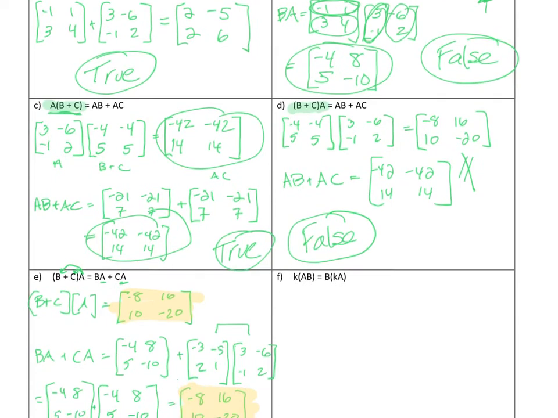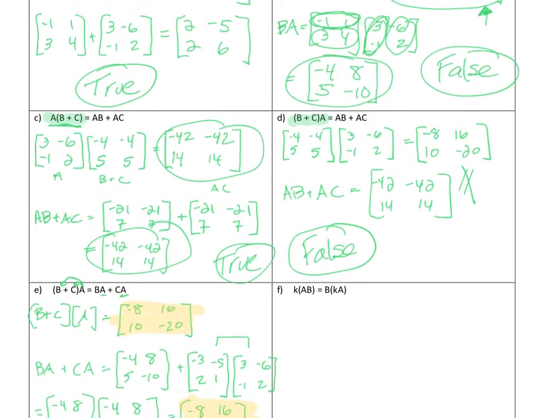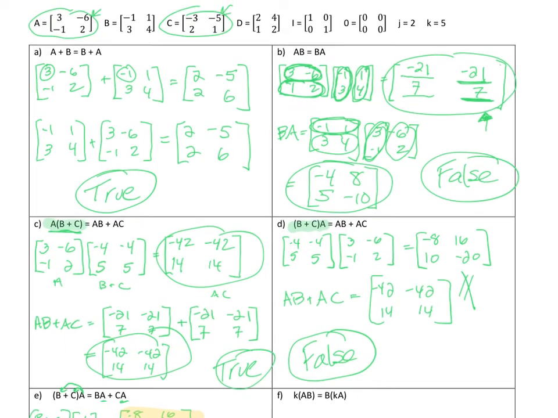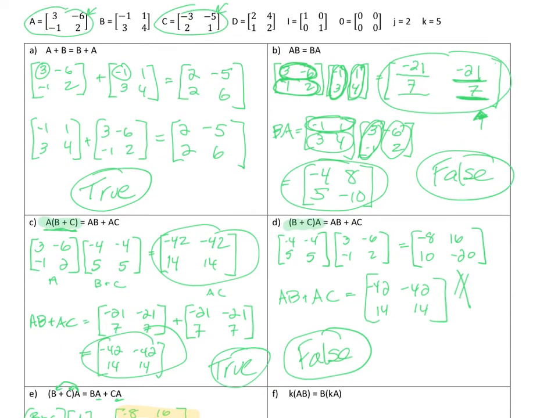And A times B I've already done a couple times here. A times B is this matrix right here, -21, -21, 7, 7.